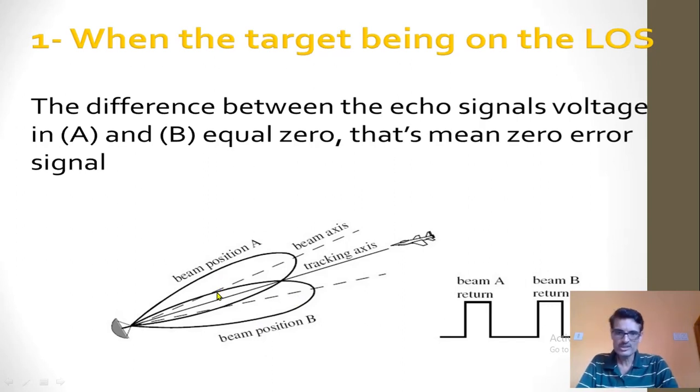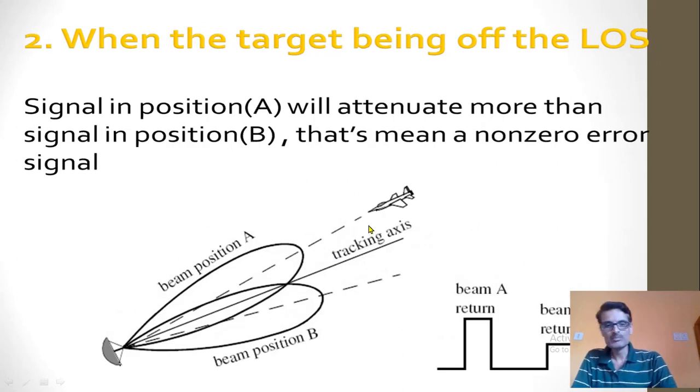So there are two beam positions and my target is on the tracking axis, or bore sight, of the tracking radar. In such cases, the signals given by the two beams will have the same amplitude. Now if the target is present nearer to one beam, depending on that, we will get the amplitude level. Based on that, I can calculate the difference, the error signal.